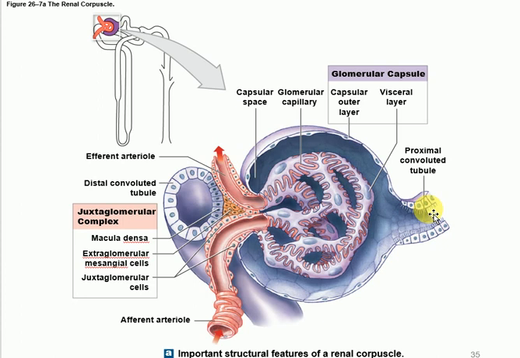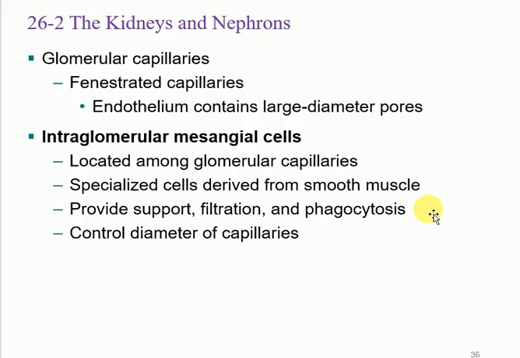Part of it is juxtaglomerular cells, so do not confuse apparatus with cells. Cells are part of it. And the other part is macula densa, which are modified cells of the distal convoluted tubule. Those two parts together are the juxtaglomerular apparatus, which is the endocrine part of the kidney.